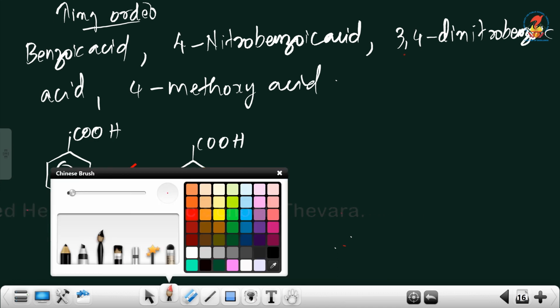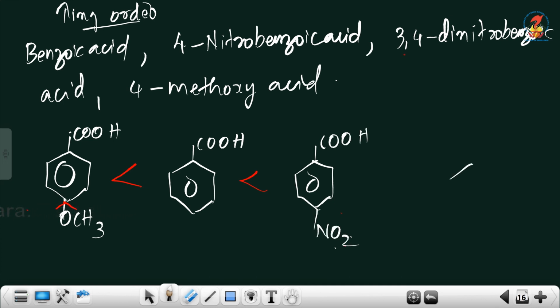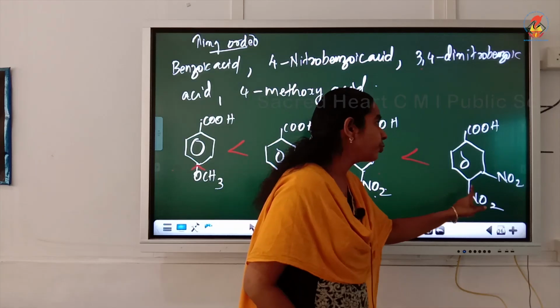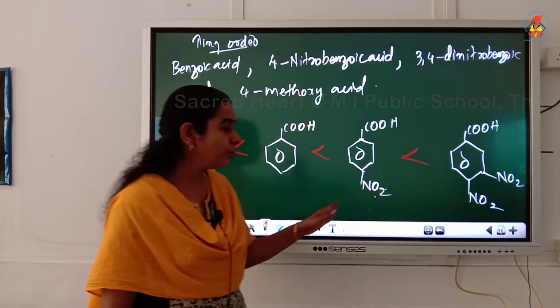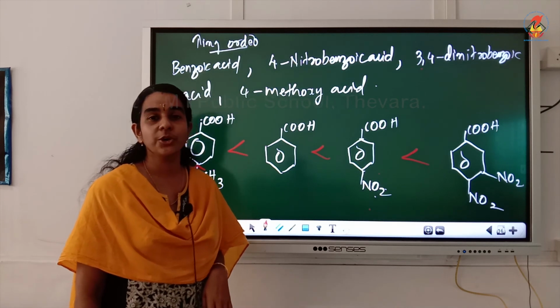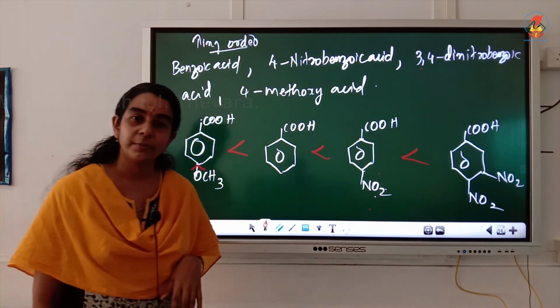Then next comes 4-nitrobenzoic acid, and last comes 3,4-dinitrobenzoic acid. Why is 3,4-dinitrobenzoic acid most acidic? Due to the presence of two nitro groups which are minus I or electron withdrawing. So, these are the effects of substituents on the acidity of carboxylic acids.